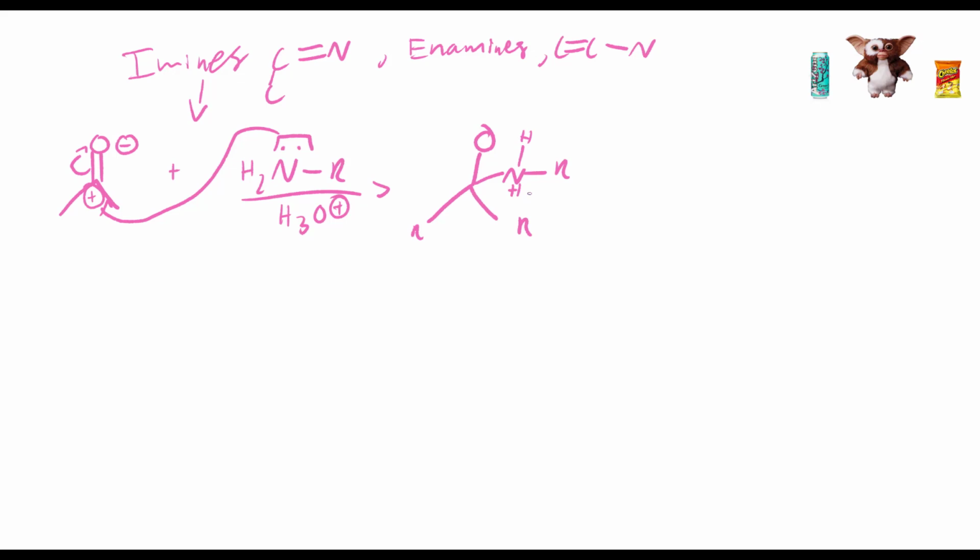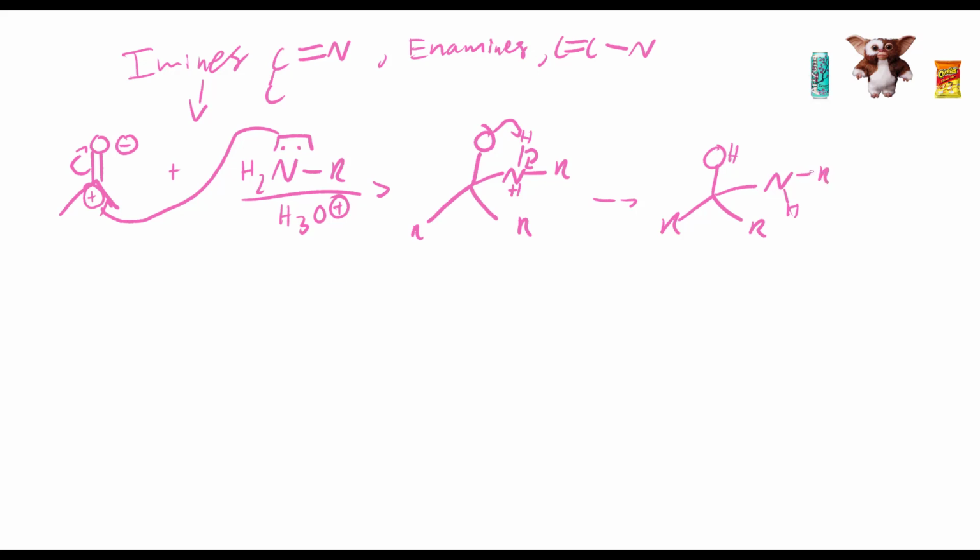Now, what's kind of weird is that it's like an intramolecular proton shift. So it's just going to donate a hydrogen to the oxygen. This breaks out towards the nitrogen to make it negative, and then the oxygen is going to pick up the hydrogen. So we have R, then an alcohol right here, then a nitrogen with a hydrogen and an R group.